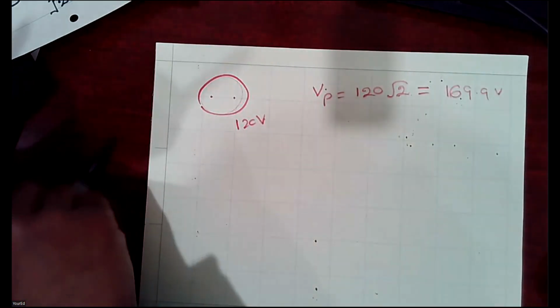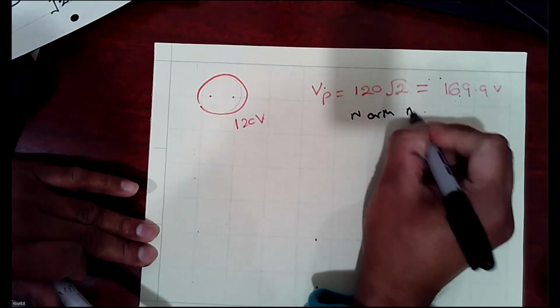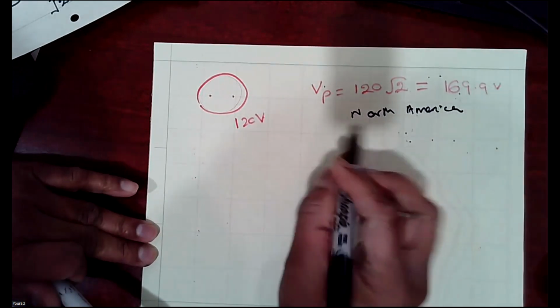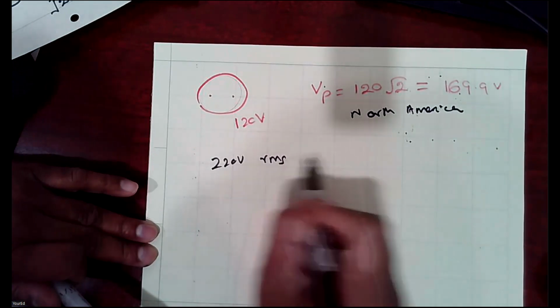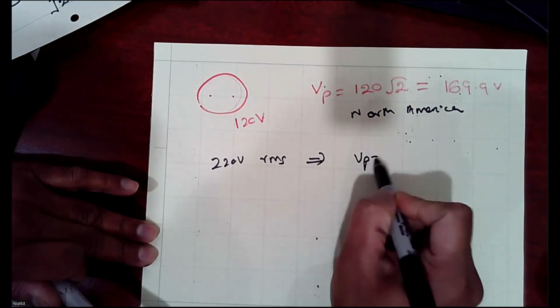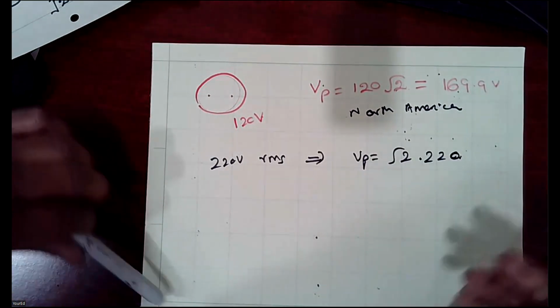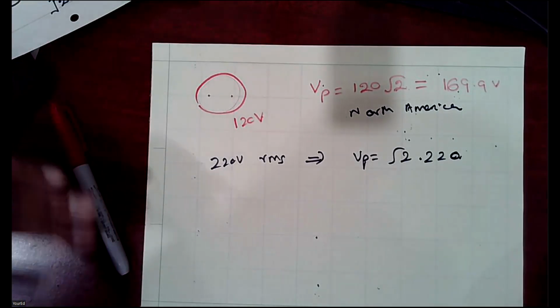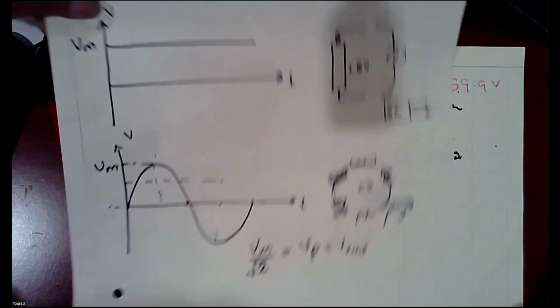This is in North America. In Europe or Asia, they have 220 volts RMS, which means your peak value will be √2 times 220. This way you can calculate your AC voltage peak value and get an idea.